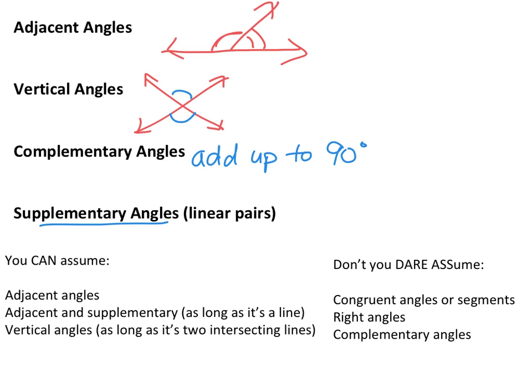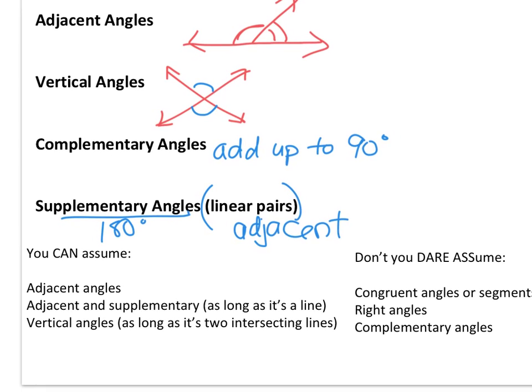Now, supplementary angles add up to 180 degrees. Linear pairs specifically are also adjacent, and they add up to 180 degrees. Now, in terms of looking at lines and talking about angles, you can always assume adjacent angles, so you can see that they're touching.